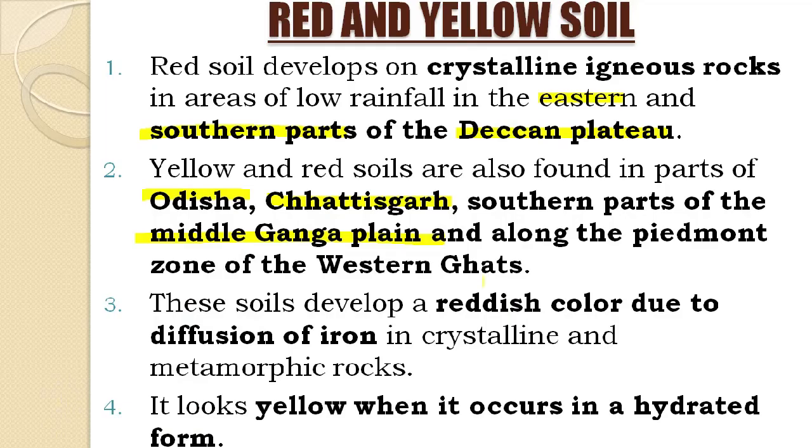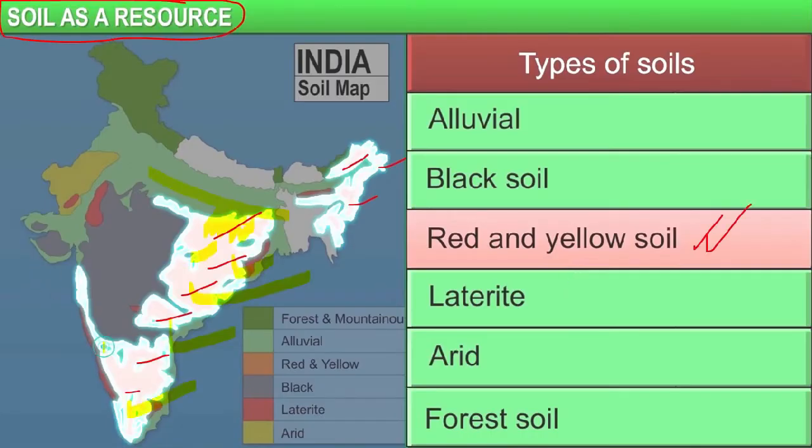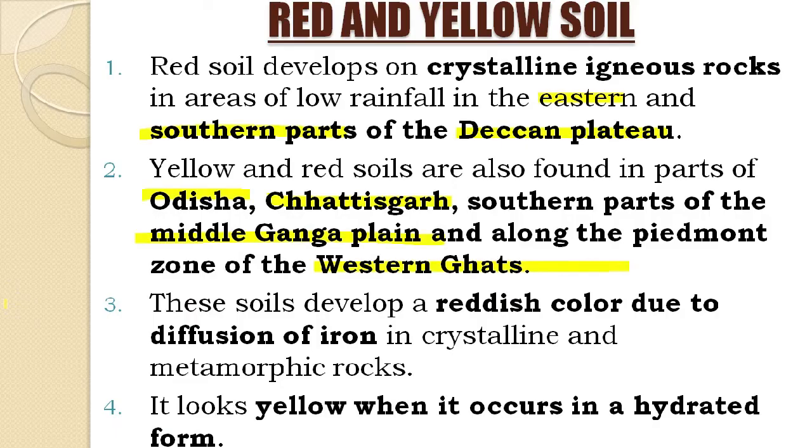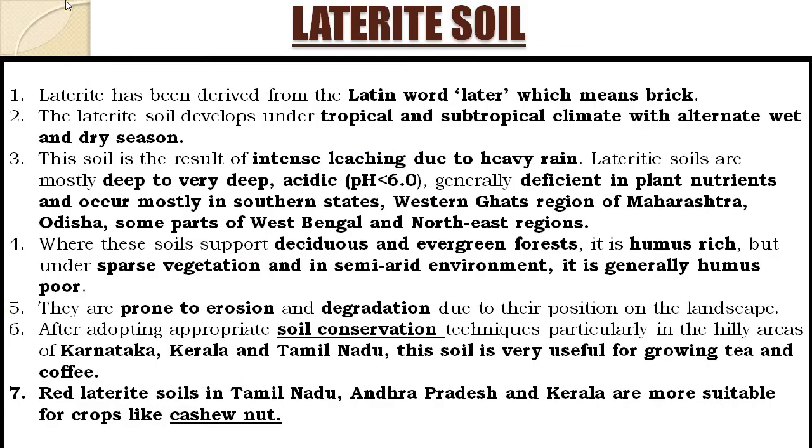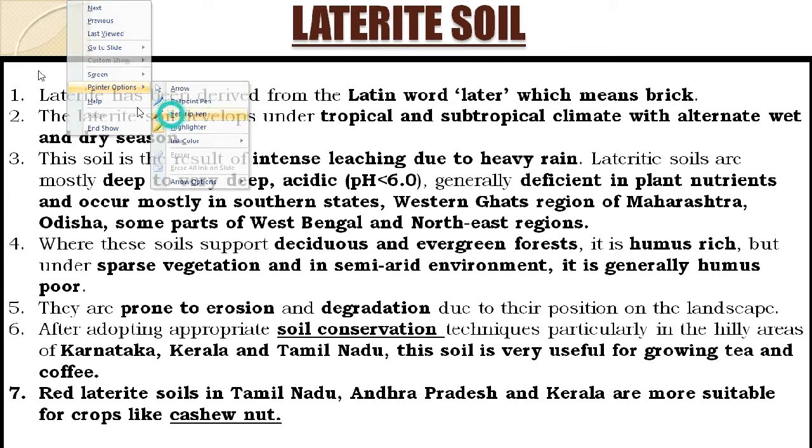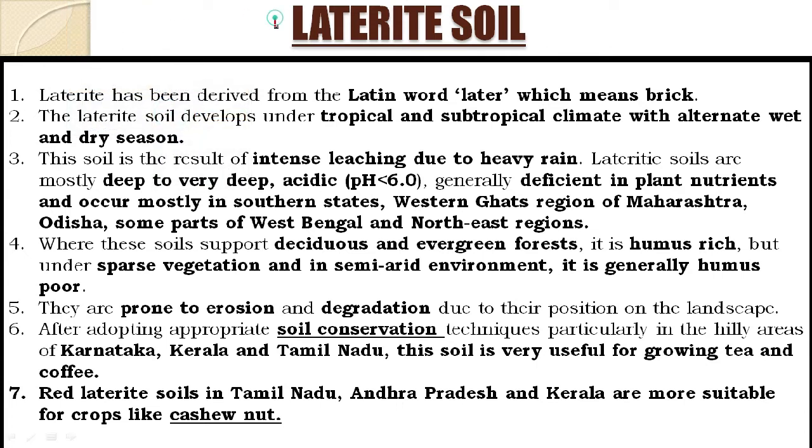Okay, then we come to the Western Ghats. Now these regions here, as you can see, are the regions of the Western Ghats where you can find this type of soil. Clear? Now let us move ahead and we'll be learning one more soil, that is laterite soil.